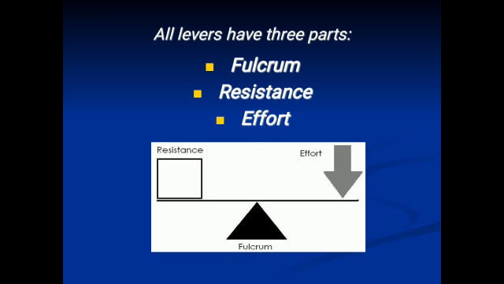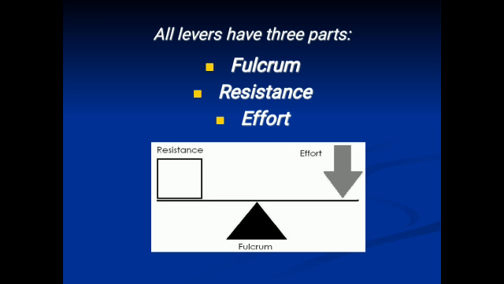Resistance is the load that has to be moved. The effort is the amount of force we are applying to move the resistance. So the complete picture of a lever is this one. We have resistance at one end, we have effort at the other end, and we have the fulcrum in between.